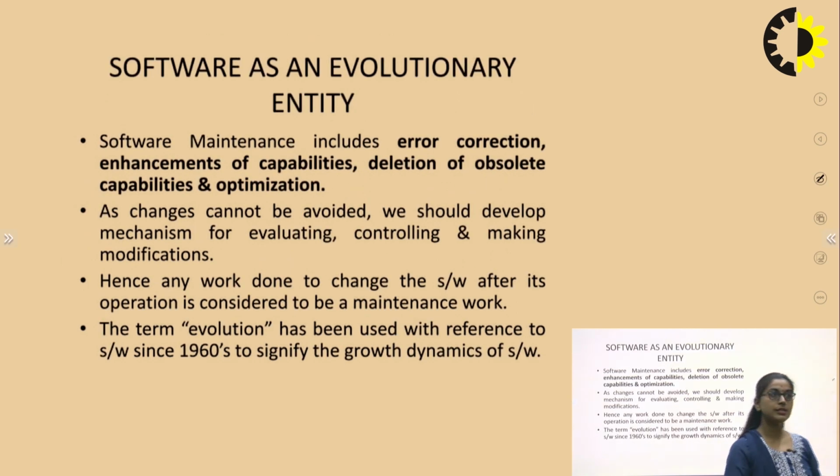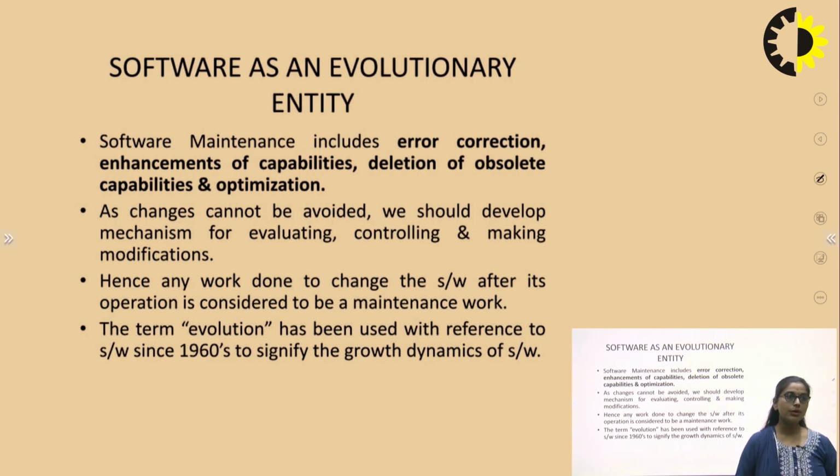The next term we are going to discuss is the evolution of software. Software maintenance includes error correction, enhancement of capability, deletion of obsolete capability, and optimization. As change cannot be avoided, we develop maintenance for evaluating, controlling and making modifications.